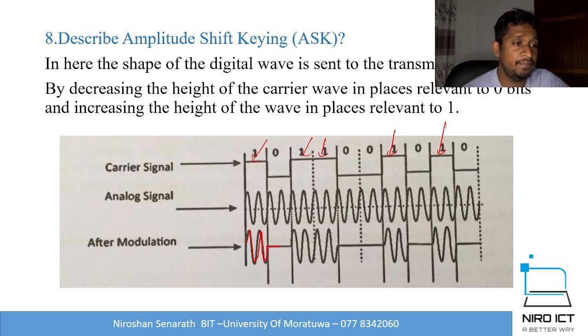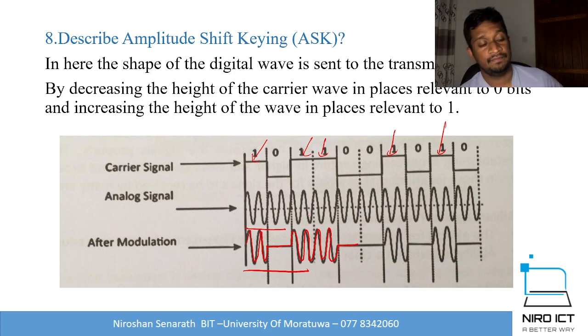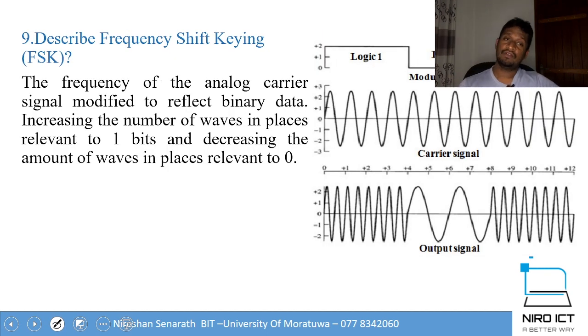If you find any place which is equal to the low voltage, that means 0, then you have to decrease the amplitude. And you can increase and decrease amplitude according to the high and low voltage. After creating that one, then we can create this type of modulated signal.